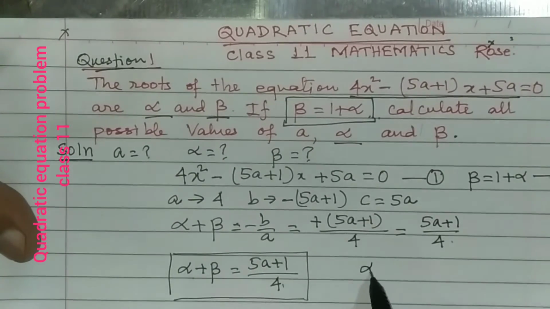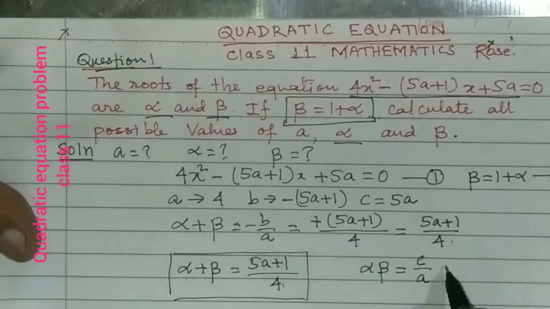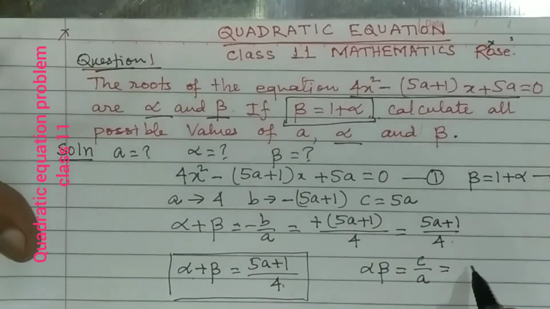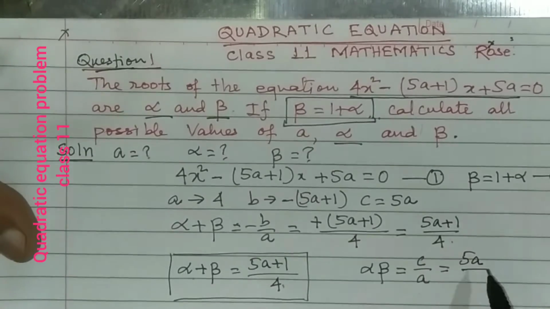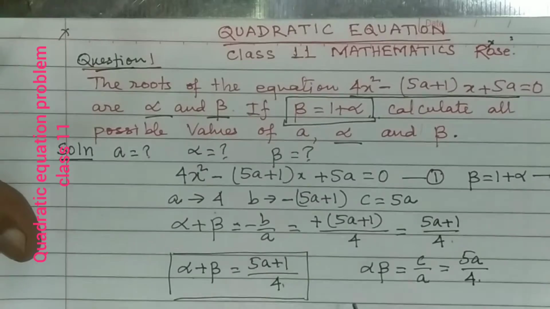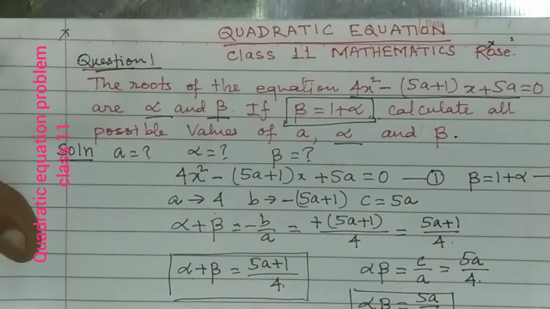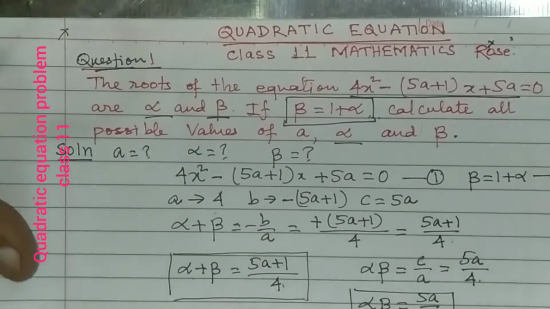And now the product of the roots is equal to c by a. So c here is 5a and a here is 4. So alpha beta is equal to 5a by 4. So this is the another equation we have got.